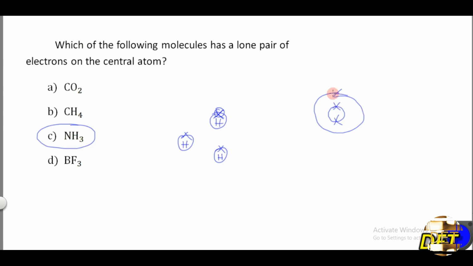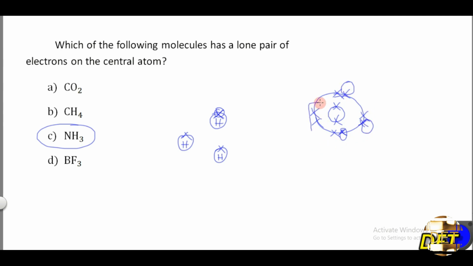So 1, 2, 3, 4, 5, 6, 7. So these are the 7 electrons. When this hydrogen comes here, it bonds with this, right? This is the hydrogen. When this hydrogen comes here, it bonds with this electron here.